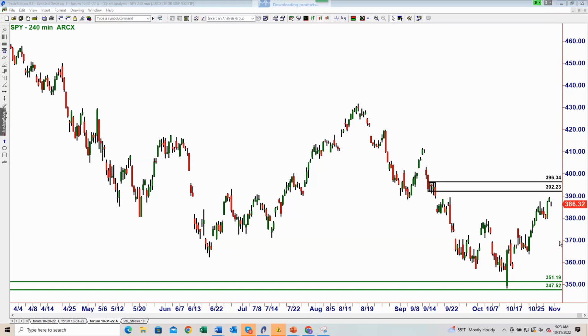So now at the supply zone here, what could we do? A lot of your conventional option traders might say, do a credit spread. In other words, sell a call here and buy a call just a little bit higher. For the most part, I wouldn't be interested in doing that.